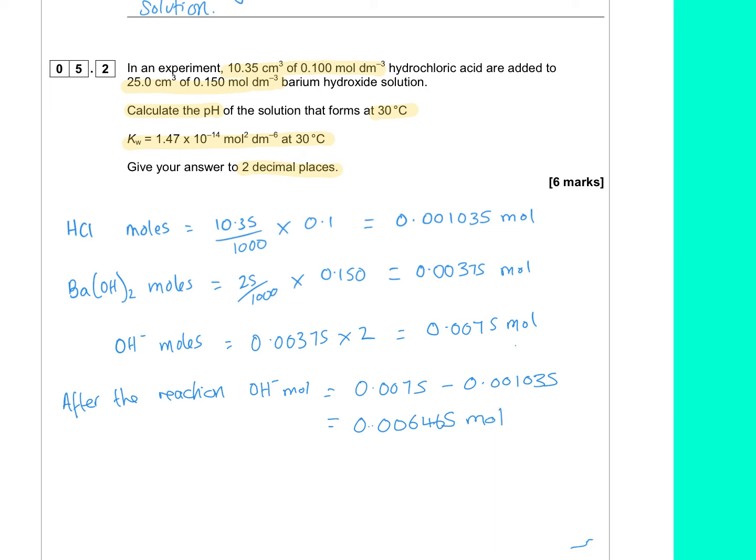Okay, once we've got the moles of the hydroxide ions, we then need it as a concentration. So you need to take into account how much volume there is there. So there was 10.35 centimetres cubed and 25 centimetres cubed. So we've got the number of moles divided by the total volume, which is going to be 35.35, and that obviously over 1,000.